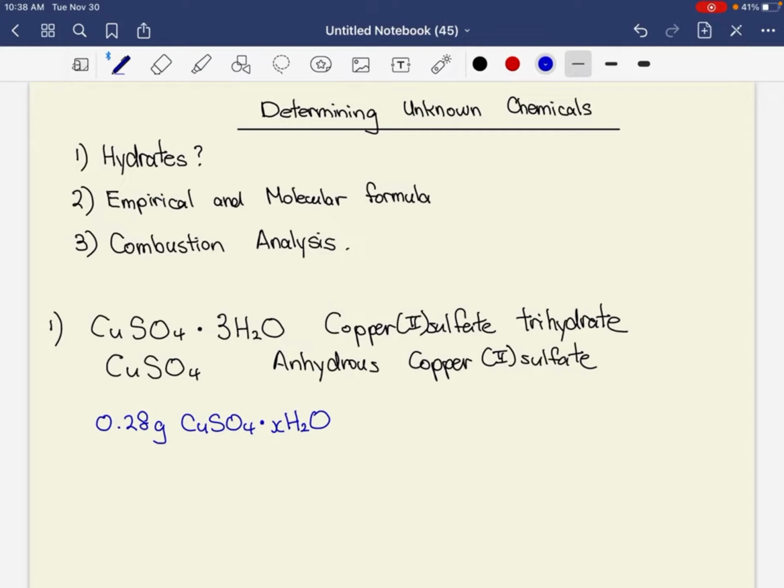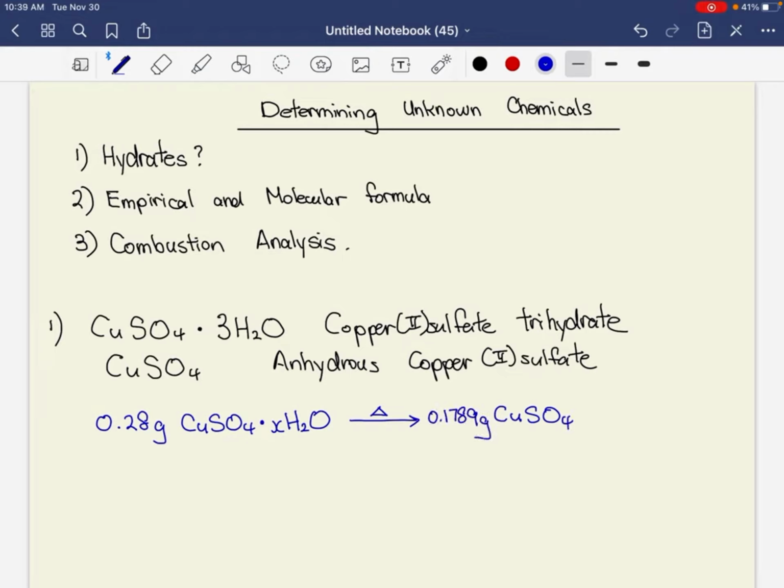What happened is this. I heated this up. By heating it up, I'm driving some of the water off. So what I have is copper sulfate anhydrous, and I have 0.1789 grams of it.